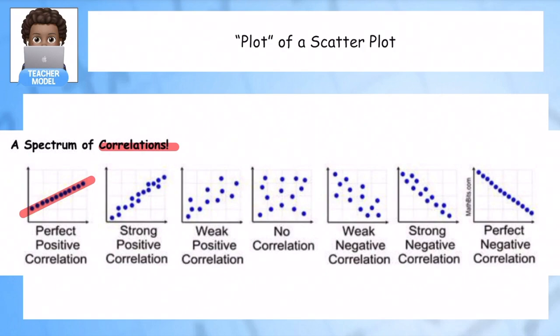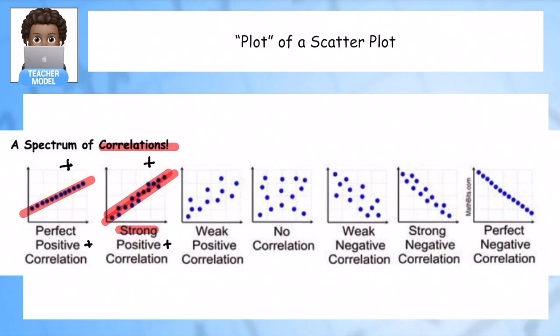Now, in our second one, we have a strong positive correlation. So again, we do have an increase, so the increase is what makes it positive. But you can see that our points are kind of spreading out a little bit. It's a little bit wider than the first one. The first one, they were perfectly tight together. But there's still a positive correlation, meaning as one increases, so does the other. And it's a strong trend.